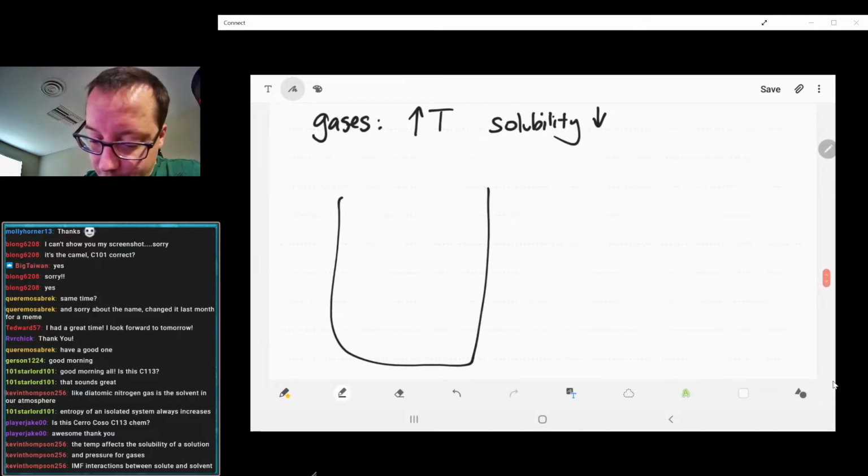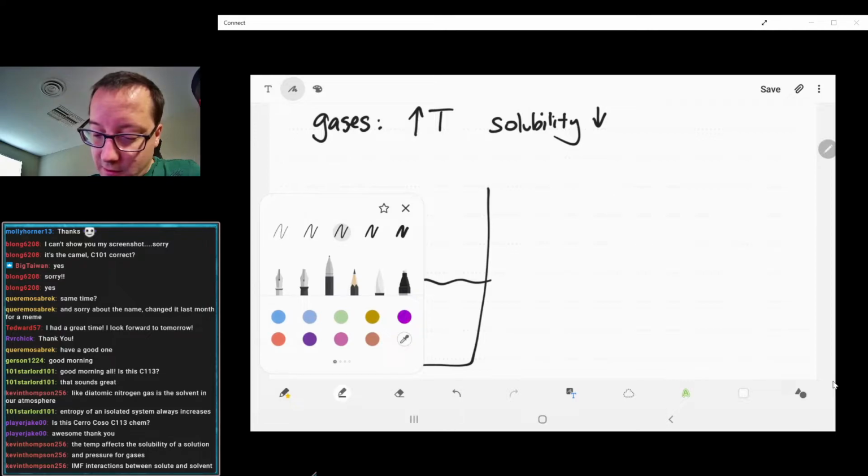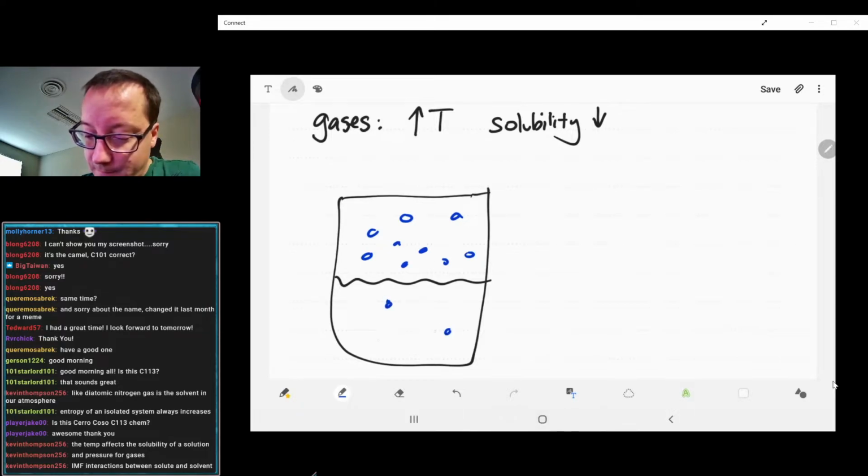So here's our lovely beaker drawing. And here are some gas particles. Let's say this is a sealed container as well, because why not? We have some gas molecules up here, and just by diffusion, some of those will have gone into the solution.